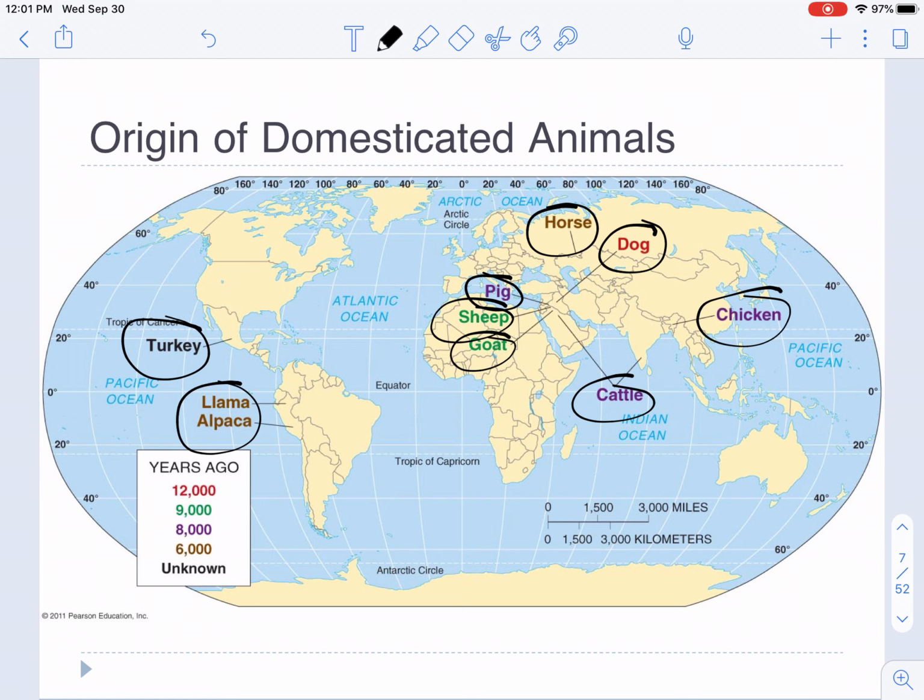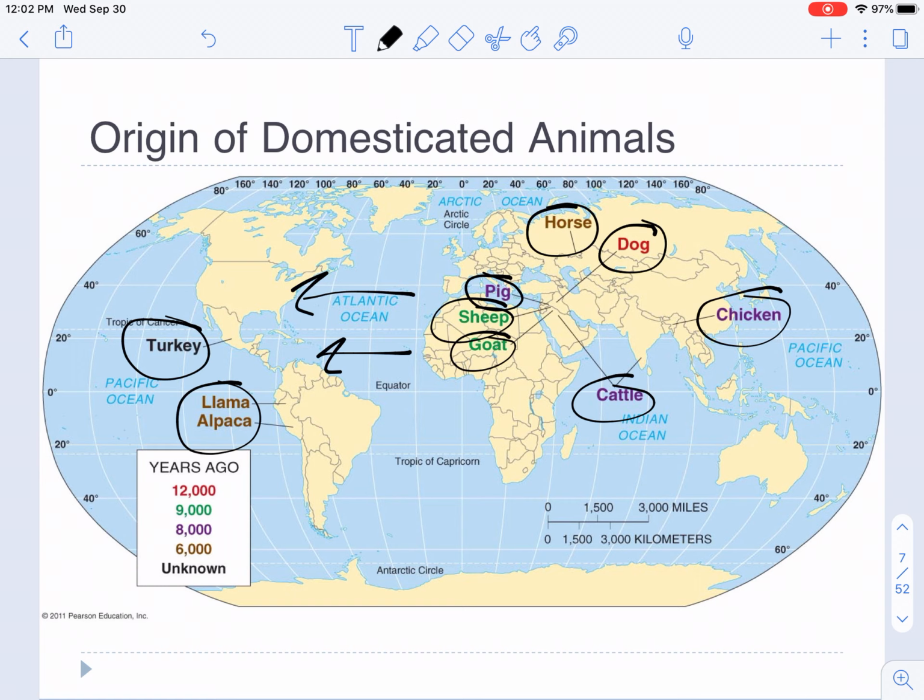So one of the significant things in our history is that when these domesticated animals were brought across as Europeans and Africans came over the Atlantic Ocean, they brought a lot of the animals with them, but not only the animals themselves, they also brought the diseases that were born out of the mixing with these animals.